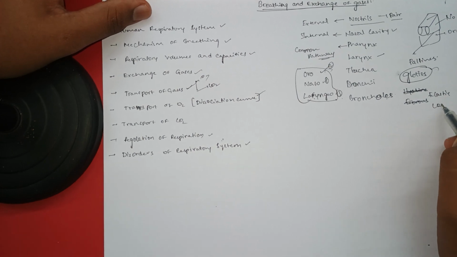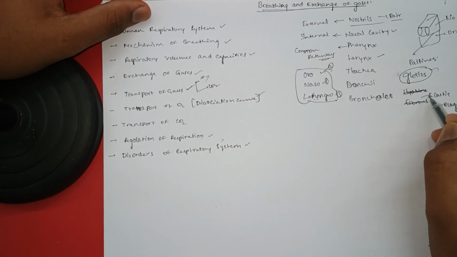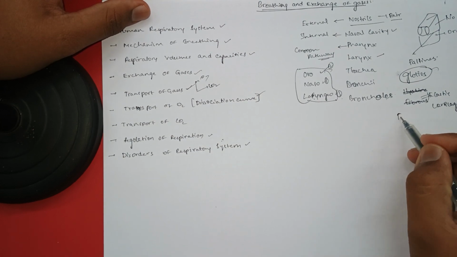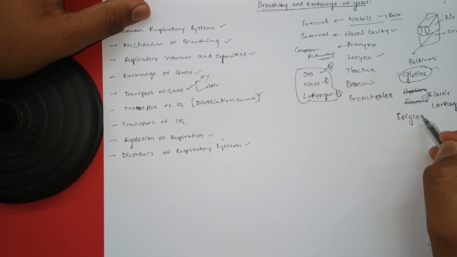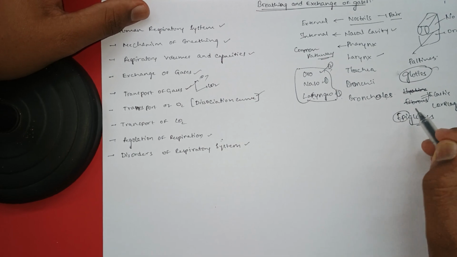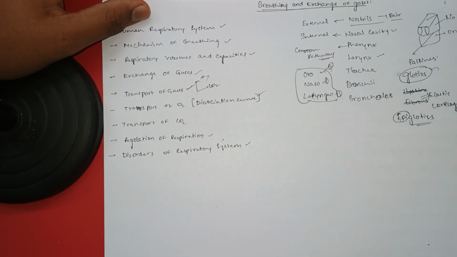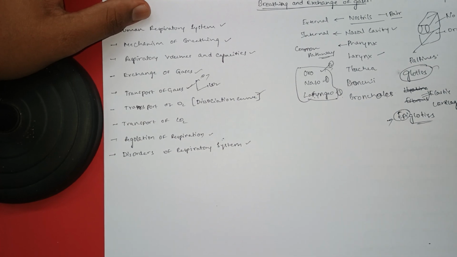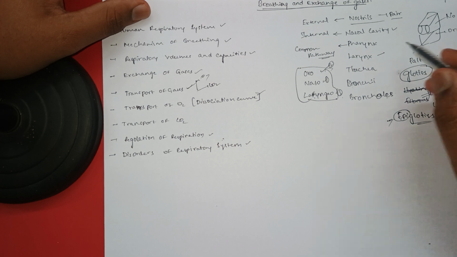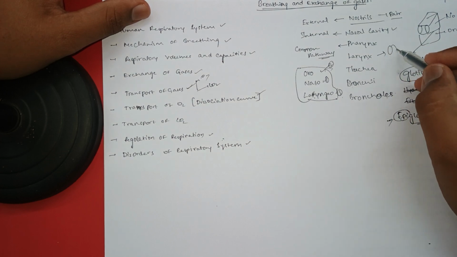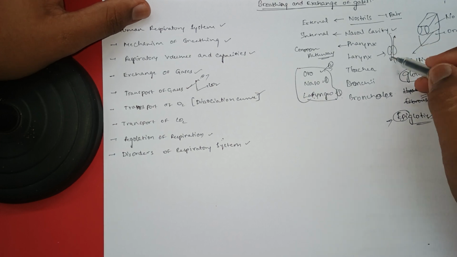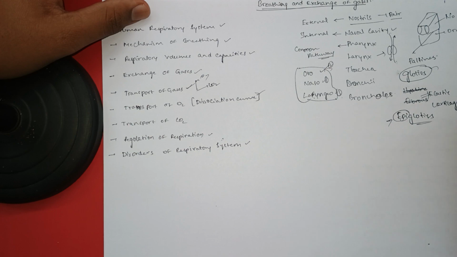This elastic cartilaginous flap is called your epiglottis. Epi means above, guys. Anywhere you come across this word epi, don't worry, it means above. Endo means inner. So larynx is also called your voice box. Here we have our vocal cords which vibrate when air passes in and out, due to which our sound is produced. That is about your larynx.